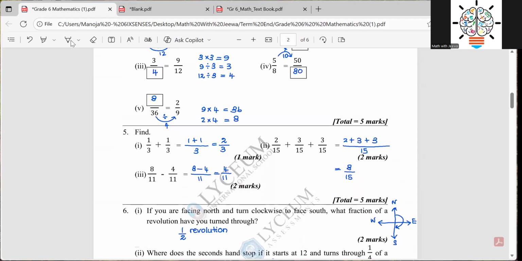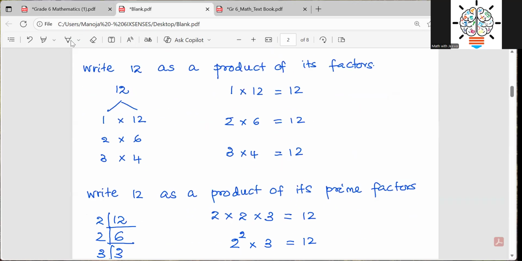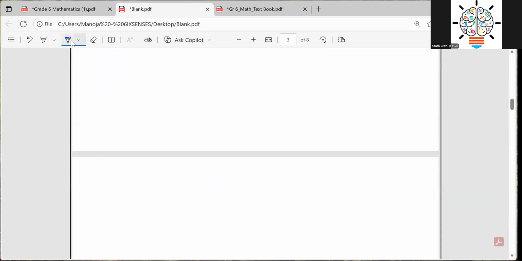Then the next one, this is very easy when you are adding or subtracting fractions. How do you do that, children? We draw the long line and we write the common denominator and add only the numerators. But if you have something like this, what you're supposed to do, let's say you have 1 over 2 and 1 over 3. Now you can't add them easily because they have different denominators.